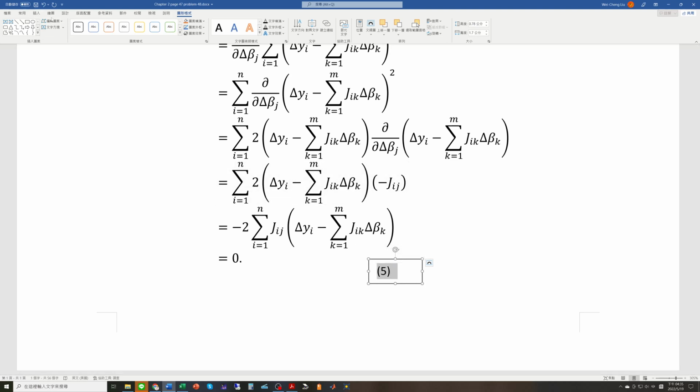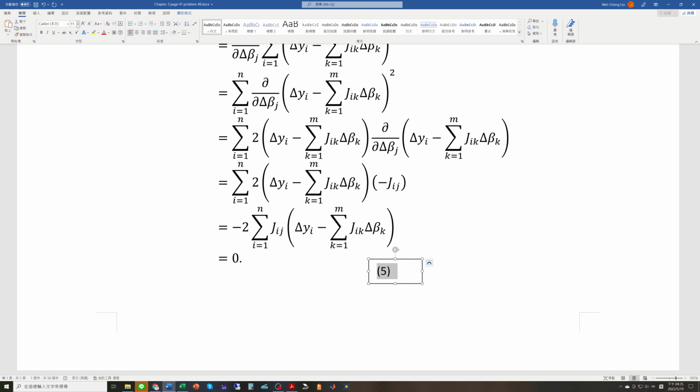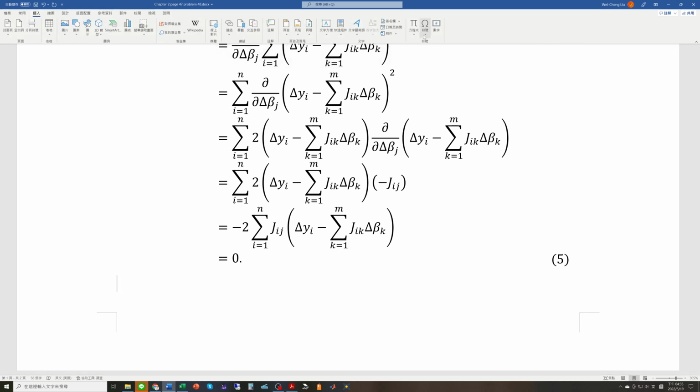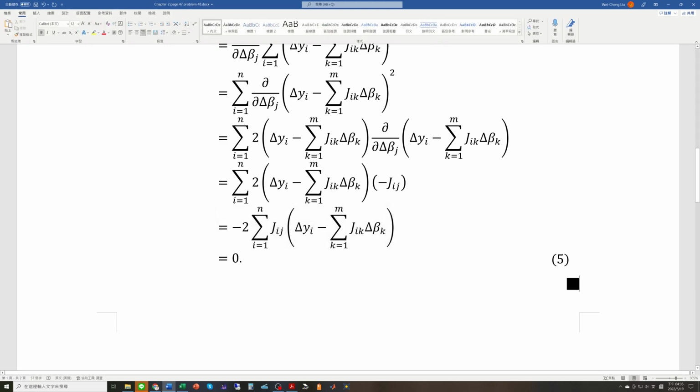The font size should be 12, the font is Cambria Math, no fill, and align to the right. Like this. Good. So this completes the derivation of equation 60. Do you have any questions?